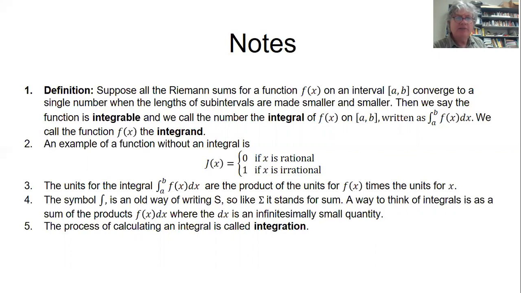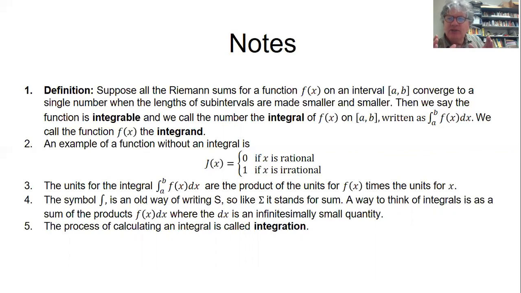I notice that I use the word suppose. We remember that when we looked at derivatives, not all functions have a derivative. For example, if you have a corner, then it won't have a derivative at that corner. An example of a function without an integral is this weird function, which is equal to 0 if x is rational and 1 if x is irrational.